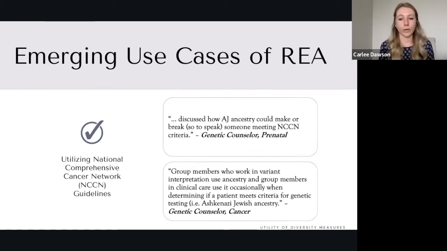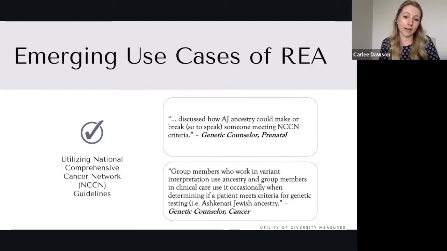So for example, for breast cancer, there's a set of criteria, and I should add there's various ways to meet this criteria to determine if genetic testing is recommended for a patient. And one of that criteria is Ashkenazi Jewish ancestry. So these two quotes sort of emulate that, stating that they discussed how Ashkenazi Jewish ancestry could make or break, so to speak, someone from meeting NCCN criteria.